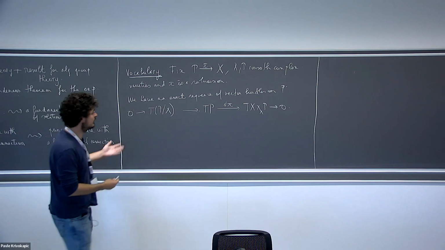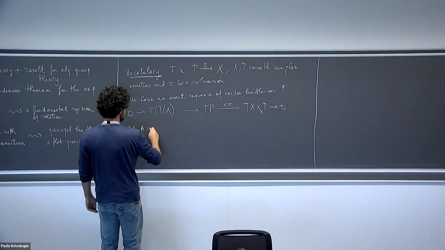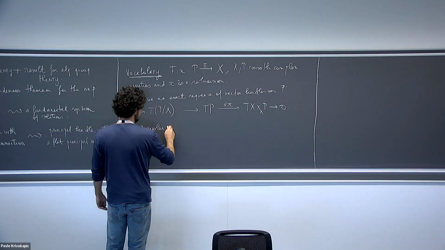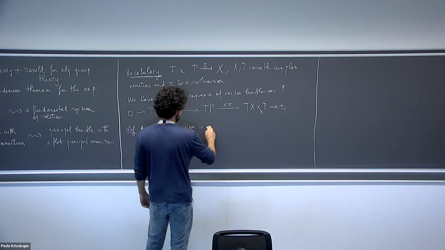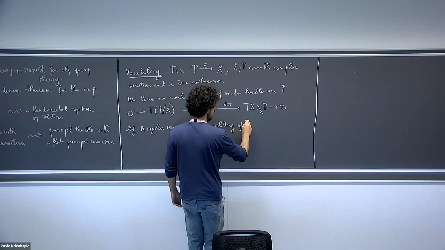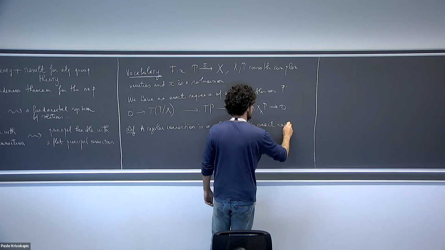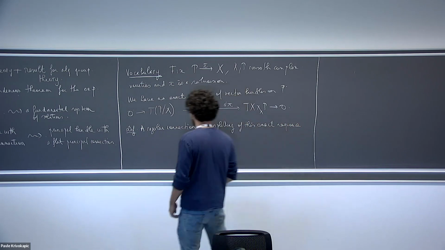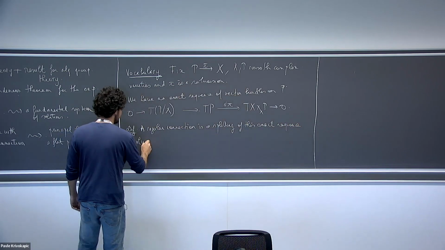So what is a connection? A regular connection is a splitting of this exact sequence. You can give it in two different ways, and both are useful to think about.